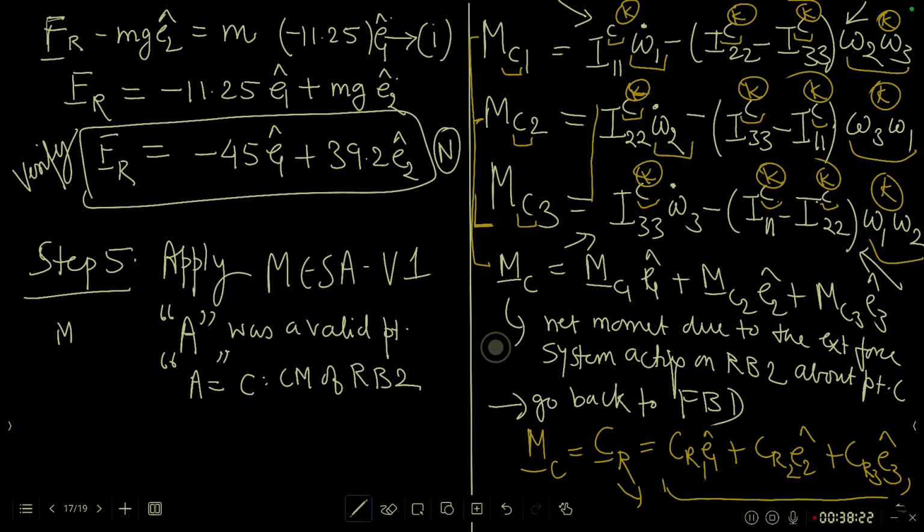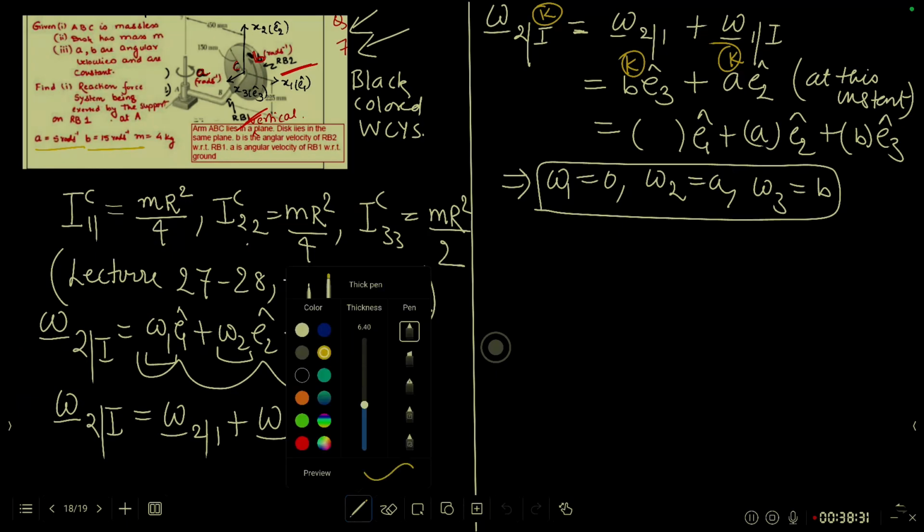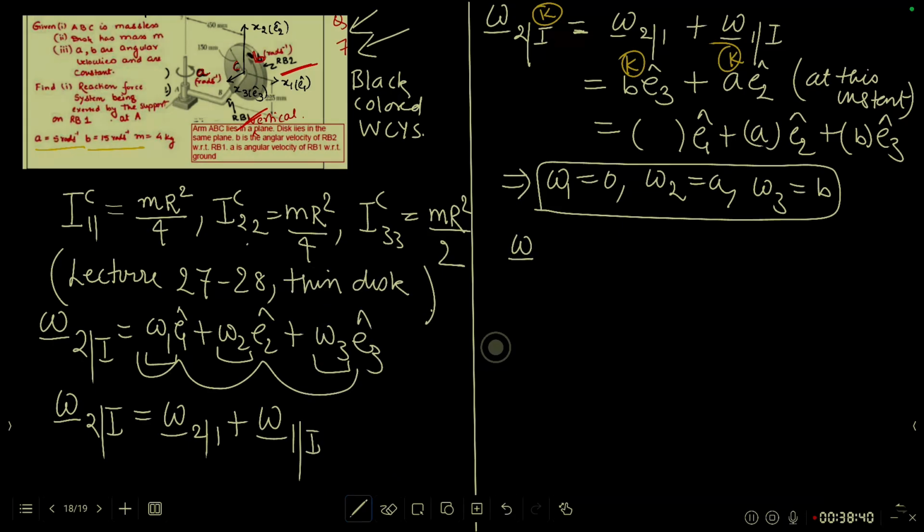While I was deriving the Euler equations, I said that to be able to get omega 1 dot, omega 2 dot, and omega 3 dot, you should first write your omega mi, which in this case is 2i, in this form. Whatever is this will be omega 1 dot, whatever is this omega 2 dot, whatever is this, it will be omega 3 dot. Fine. So let's find omega dot 2i.